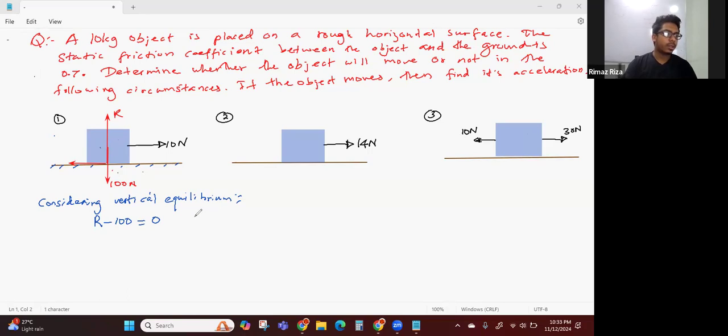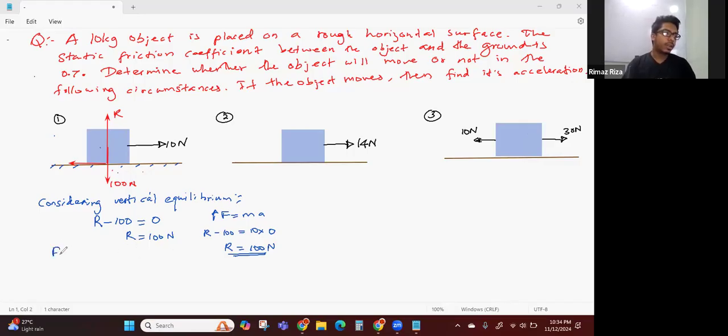I will write both methods. So what are the forces acting in the vertical direction? Vertically upward R will be there. So 100 Newton is downward, opposite to the direction I have considered. Mass is 10 and it's not accelerating in the vertical direction, so it's 0. So again R equals 100 Newton.